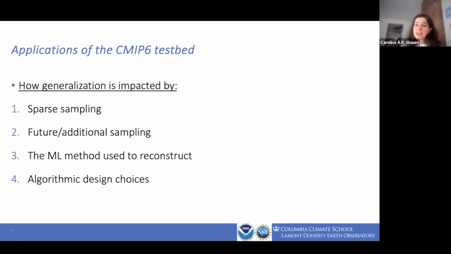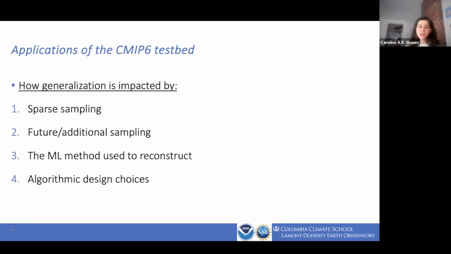So some applications of making a testbed, some of which we've covered, but we'll get more into. We can look at how sparse sampling in the ocean can affect our reconstructions. We can also use testbeds to examine how future and potential additional sampling in the ocean would affect our reconstructions, maybe sampling in times of the year where we don't typically get data, or in parts of the ocean where we don't typically get data.